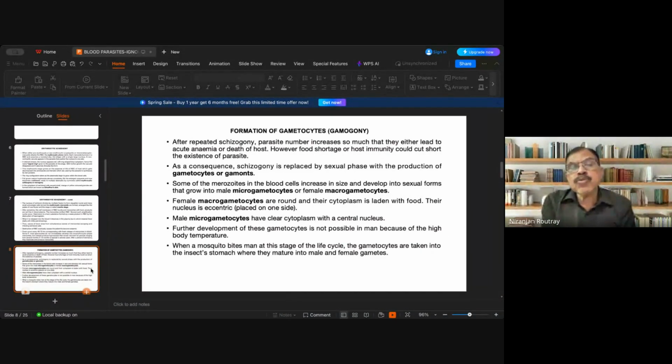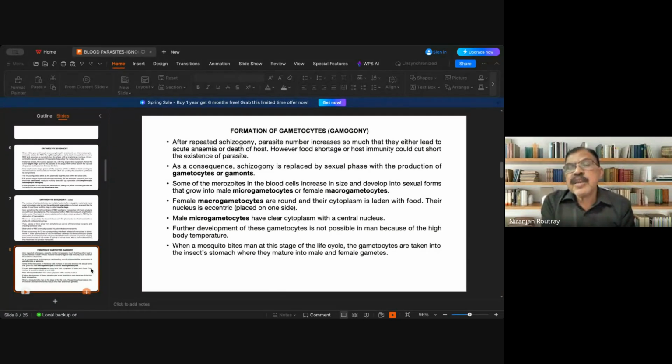Either they grow into the microgametocyte, which is a small cell, or the female macrogametocyte, which is a larger cell. Female macrogametocytes are round and larger.